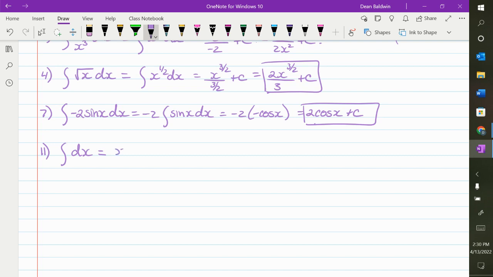It's x. X plus c. So what's the derivative of x? 1. It's just 1. There's a 1 there, I just didn't write it. It doesn't mean it has to be all x.